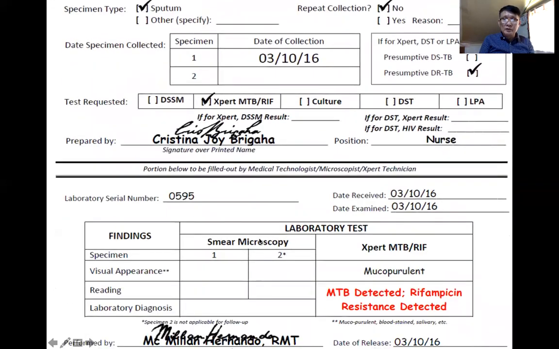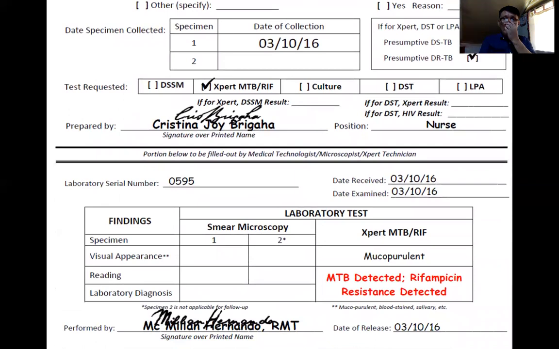As we move on with our sample of filling out the laboratory request form, after you have done filling out the form, you have to indicate your name, prepared by, your complete name, with signature, and then your position.